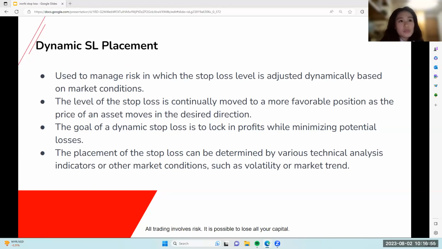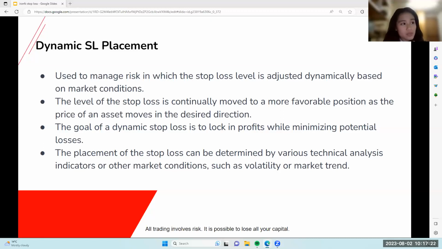Okay, so now we're going to talk a bit about dynamic stop loss placement. That's what we talked about in the previous few slides, and it's precisely why dynamic stop loss placement is so important. If you're wondering what exactly a dynamic stop loss is, it's a trading strategy used to manage risk in which the stop loss level is adjusted dynamically based on market conditions.